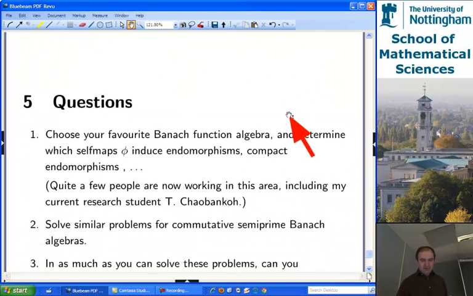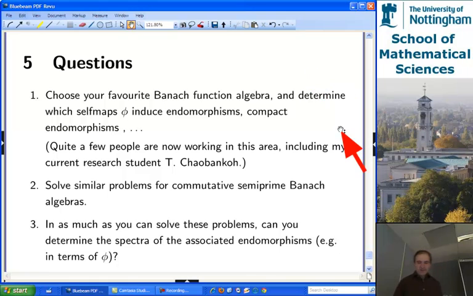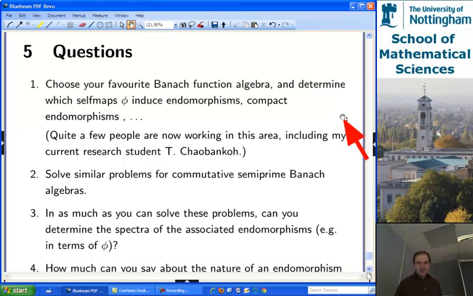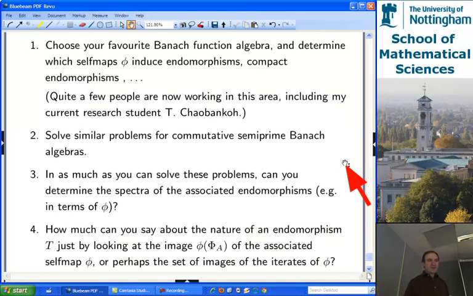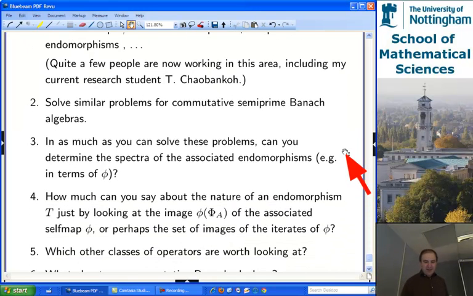And I just wanted to flash past a few questions. Sorry if I've gone a couple of minutes over, but here are lots of things you can do. You can find the endomorphisms, the compact endomorphisms, the quasicompact endomorphisms. Quite a few people are doing this now, including one of my research students. Then you can look at semiprime Banach algebras.